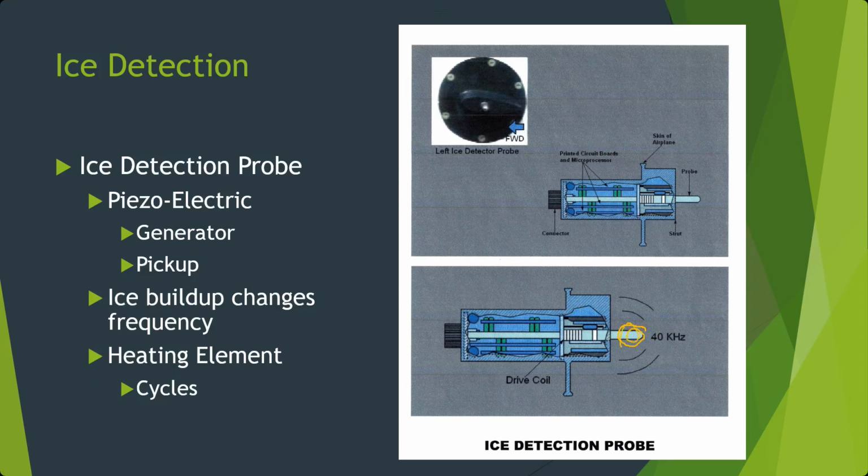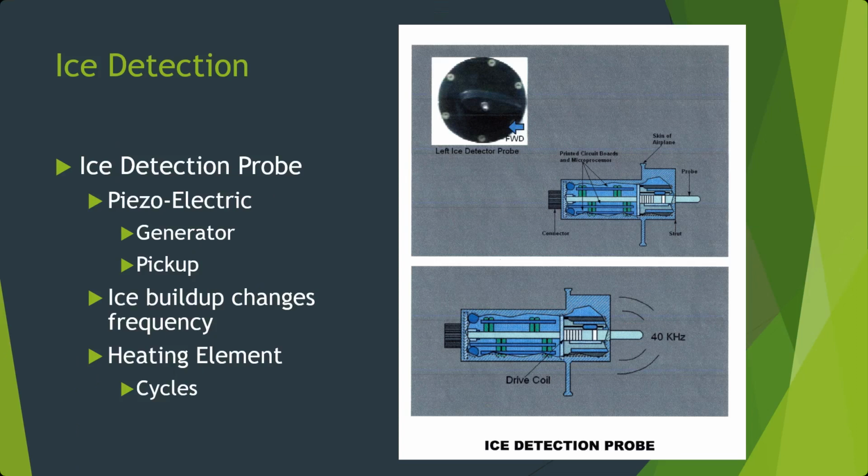So you get ice buildup. But when the ice buildup occurs on there, that will damp out some of that vibration, and it will change the frequency of the vibration. In addition to the vibration generator that's putting a 40 kilohertz vibration into the probe, there's a second piezoelectric pickup sensor that's sensing the resultant vibration.